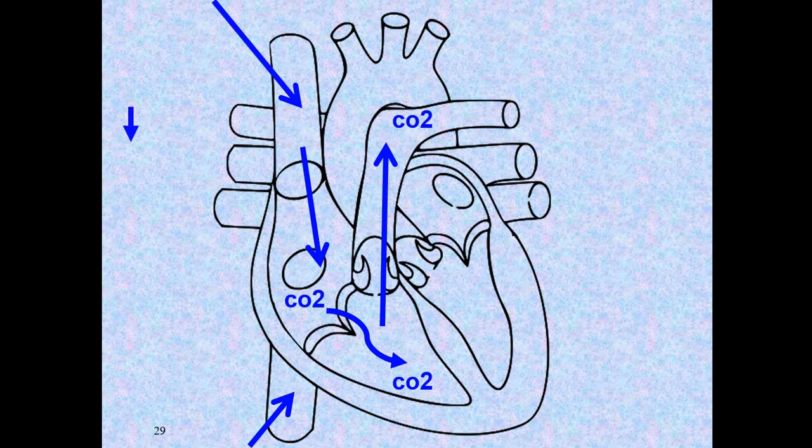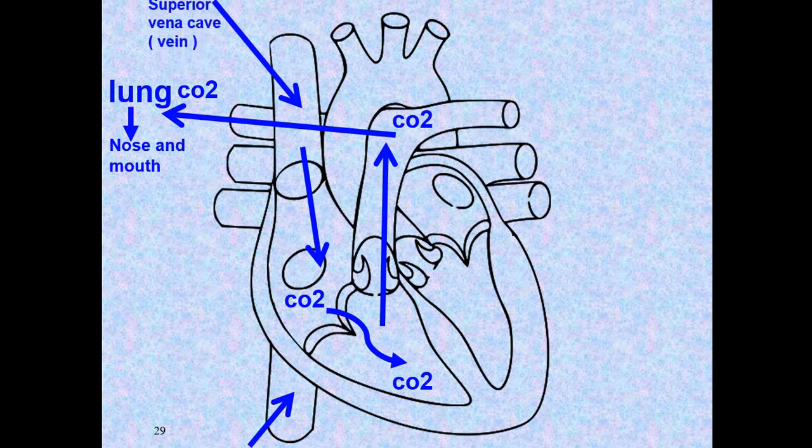Okay, then the pulmonary artery will pump all the blood containing carbon dioxide to the lung. It gives all the carbon dioxide to the lung, and then the lung will get rid of it through the nose and mouth.